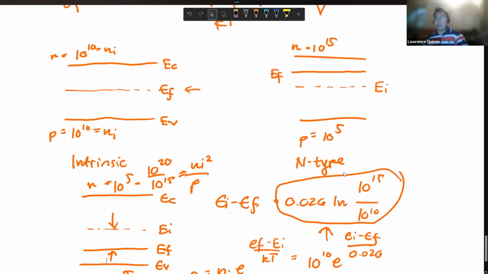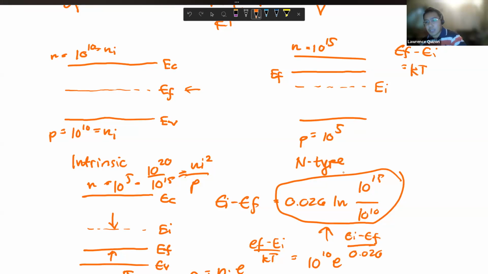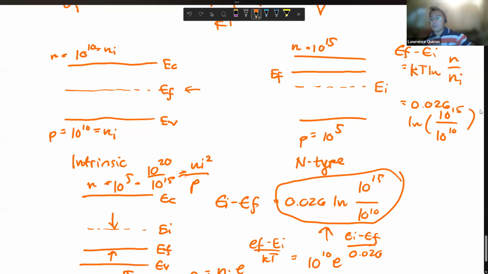And if we do that for this example up top, we would find that EF minus EI is equal to kT ln N over Ni, which would be 0.026 times ln of 10 to the 15 over 10 to the 10. No?